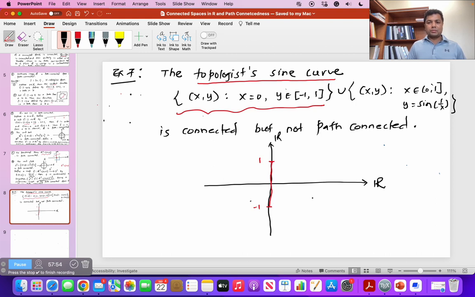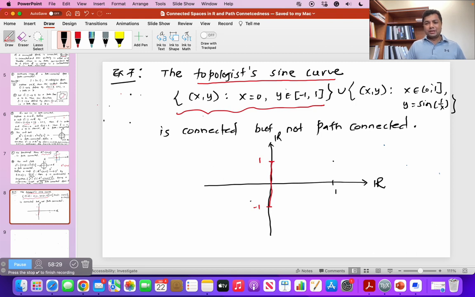For the second set, x is between 0 and 1. Let's say this is 0 and that is 1. 0 is not included, so this set doesn't have any points on the y-axis. All the points of the second set are to the right side of the y-axis, with x between 0 and 1, and y coordinates given by this trig function.